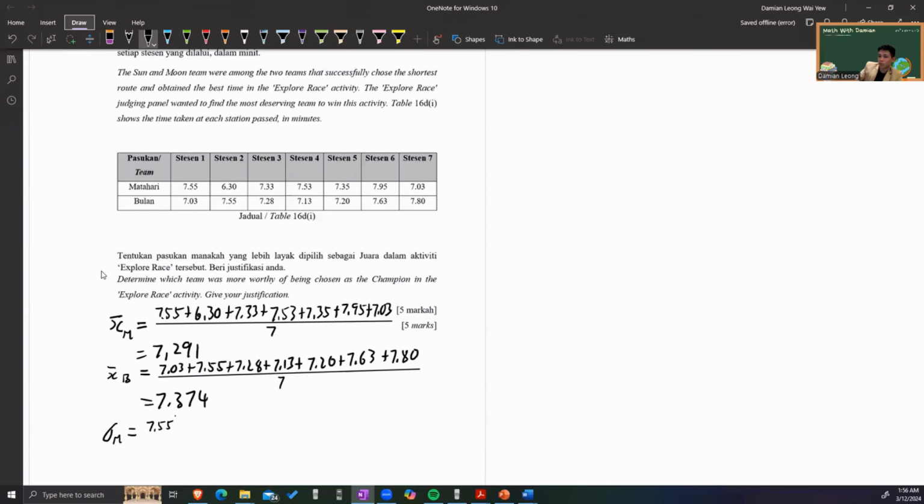So each of these values, I square and add together. 7.95 square, 7.03 square, over 7 minus mean square.